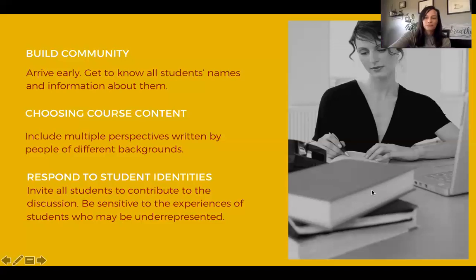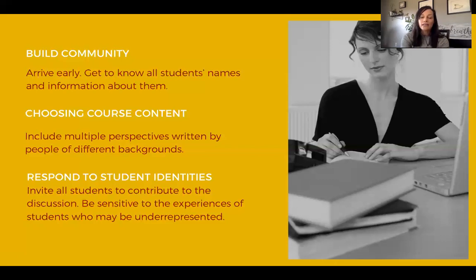That's very true. So I want to take the next two together. Dr. Smith had mentioned earlier, looking at having various perspectives. And I think too, Darlene talked about math and calculus and some of those pieces. And I think it's really important to look at how we choose our course content and how we respond to student identities within that.